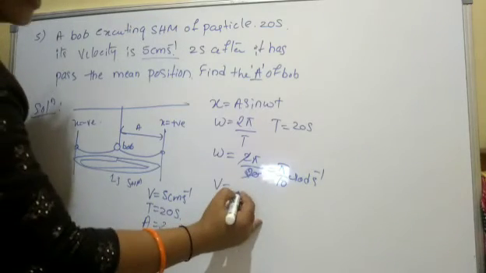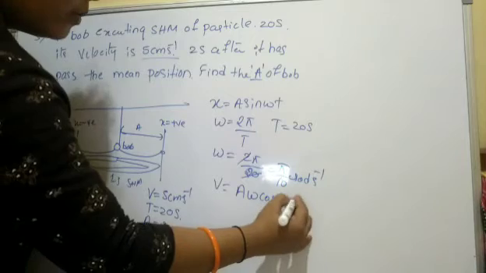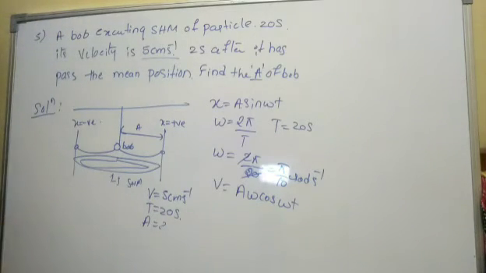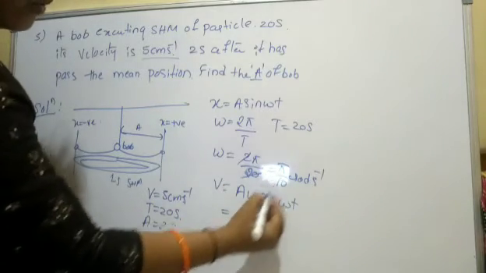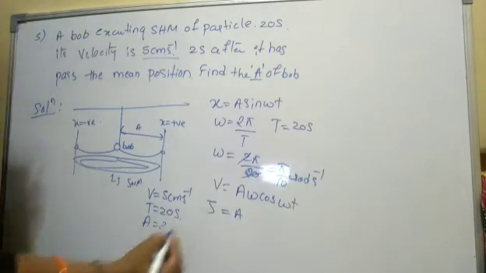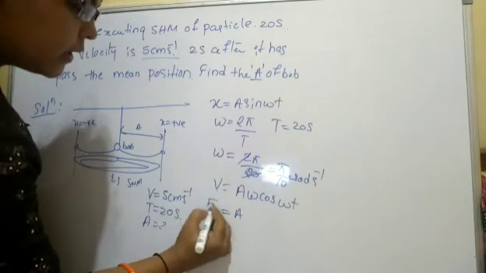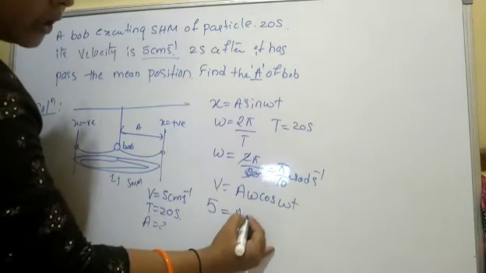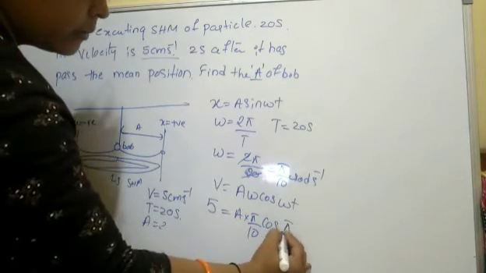That is not valid. So we'll go ahead with v equal to a omega cos omega t, because we have omega. Velocity is given as 5, and omega is pi by 10.